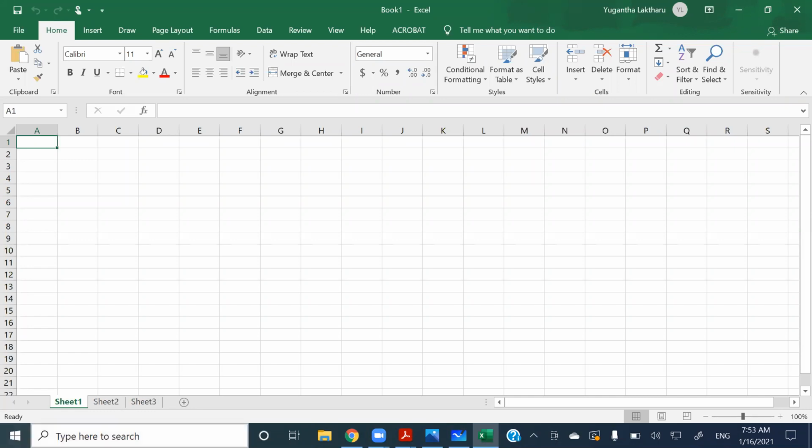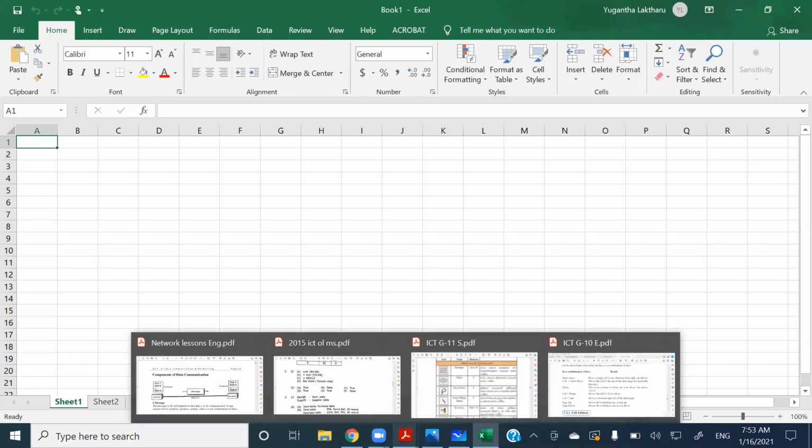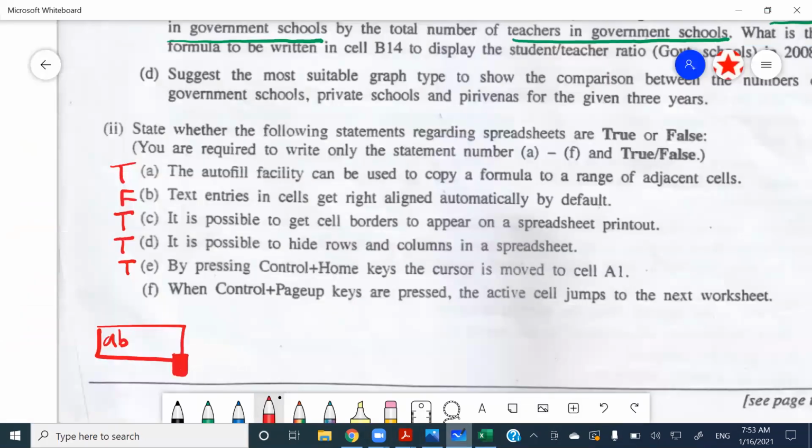So anyway your answer is going to be a false one, because it was telling, when Control plus Page Up keys are pressed, the active cell jumps to the next worksheet. Next worksheet is talking about the one ahead. It would have been better if they had said the sheet at your right.